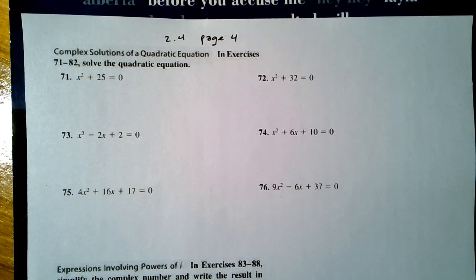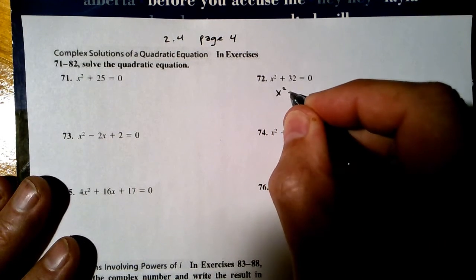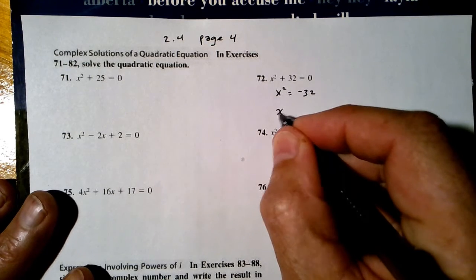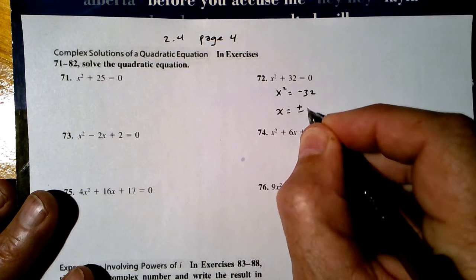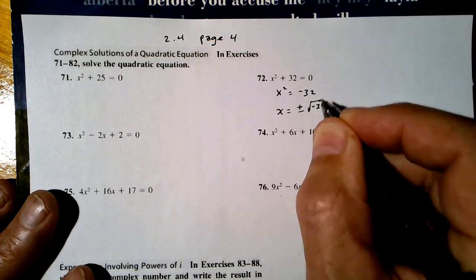So we're just supposed to solve these quadratic equations, and we can try to do that by factoring, or we can use the quadratic formula, or in the case of 72 I can go x squared equals negative 32. Therefore x equals plus or minus the square root of negative 32.